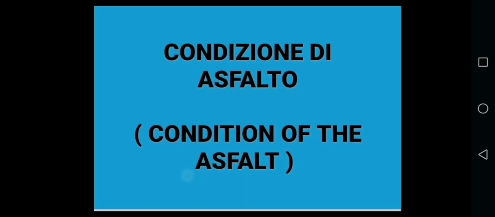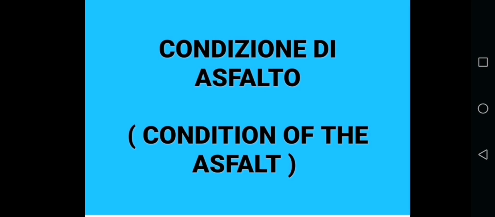Condizione di asfalto. We are talking about how smooth the asphalt or how rough the asphalt is. If the asphalt, you see there are some spots on the road, it will be very, very smooth. Those areas you need to keep a higher safety distance. There are also some spots on the asphalt that look rough.